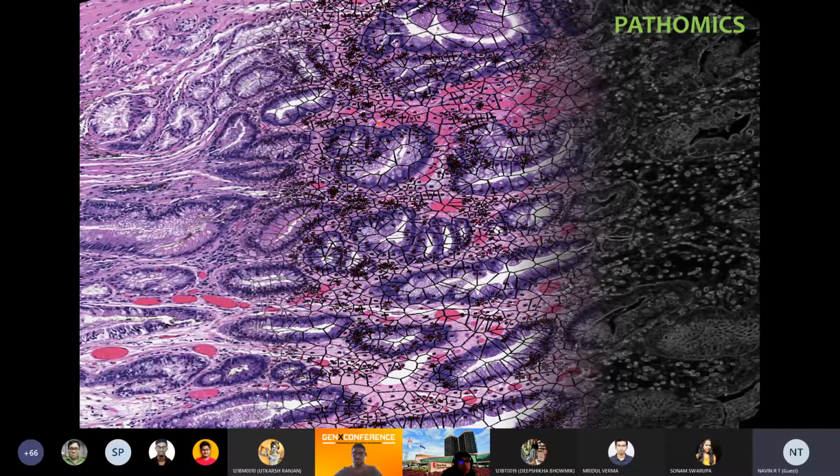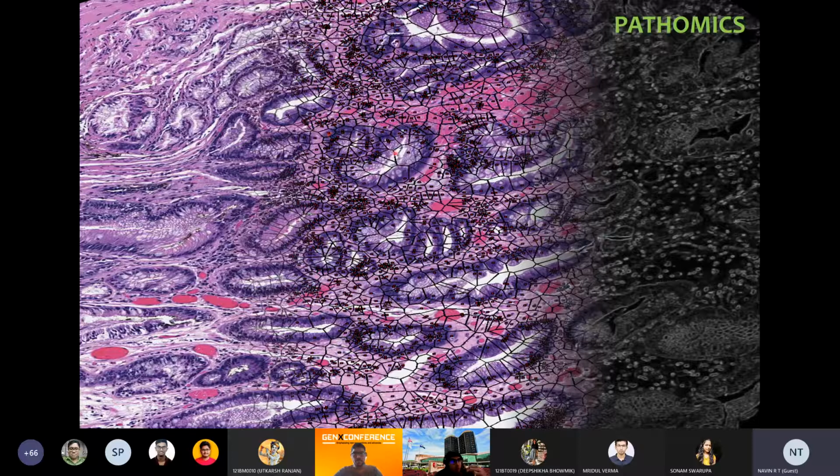So a simple step that can be done here is extracting or segmenting out the nuclei that you see in these images, and this can be done using different kinds of algorithms, be it simple image analysis algorithms or deep learning algorithms. So once you extract the nuclei, you can use the nuclei as, let's say, nodes to construct graphs. And once you construct these graphs, you can study the spatial proximity of the nuclei with respect to each other and the spatial proximity of different groups of nuclei with respect to each other.